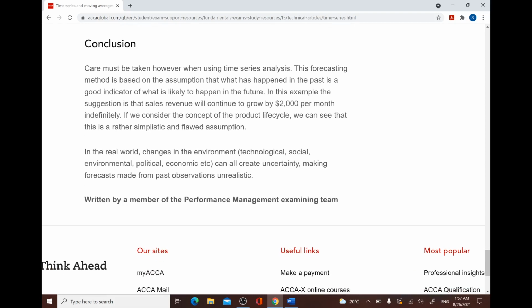If we consider the concept of the product life cycle, we can see that this is a rather simplistic and flawed assumption. In the real world, changes in the environment, such as technological, social, environmental, political, economic, etc., can create uncertainty and make forecasts based on past observations unrealistic.